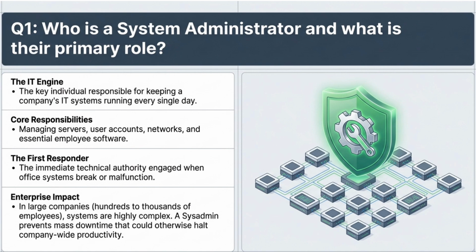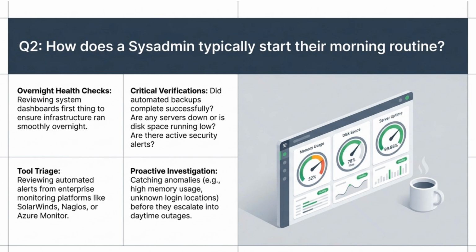In an enterprise environment, meaning a large company with hundreds or thousands of employees, this role becomes even more important because the systems are bigger, more complex, and any downtime can affect a large number of people at once. In this video, we will walk through what a typical day looks like for a system admin working in such an environment.